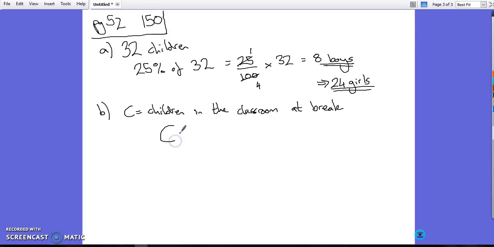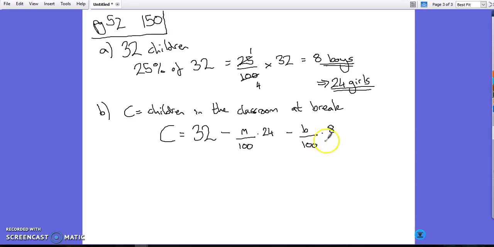So this is going to be C is equal to our 32 children, take away all of those who leave the class. So M% of the girls, which are 24 girls, and B% of the boys, 8 boys.